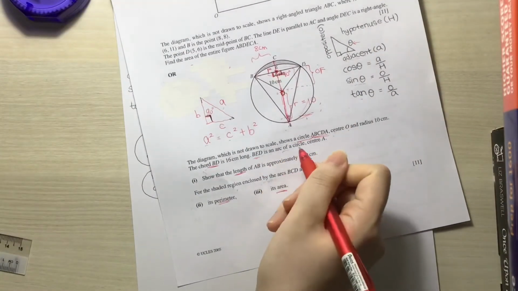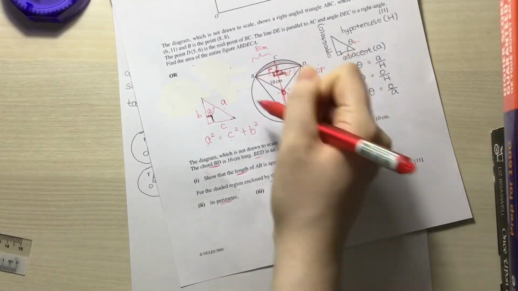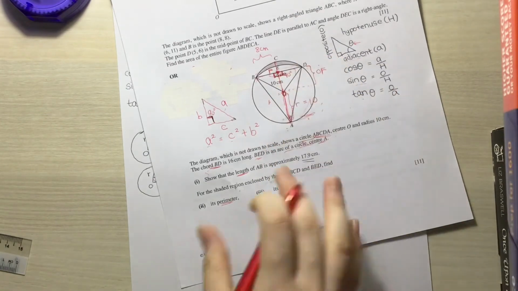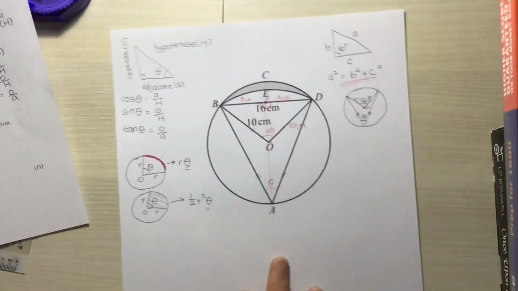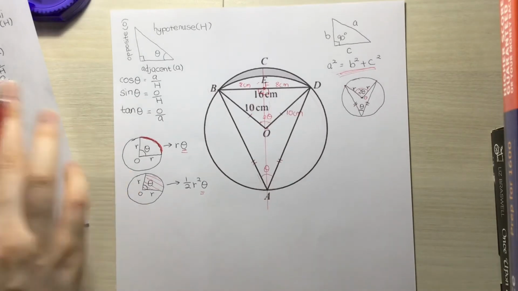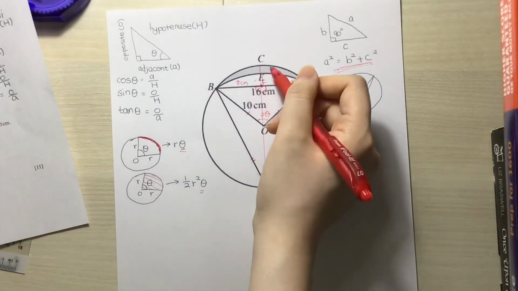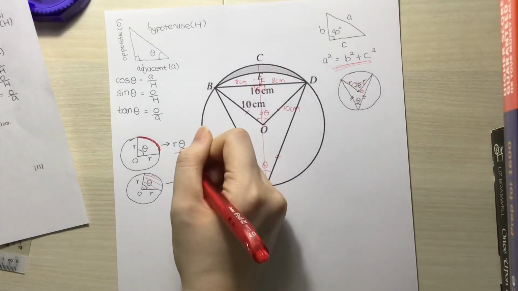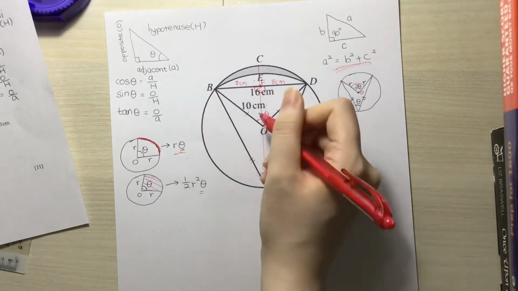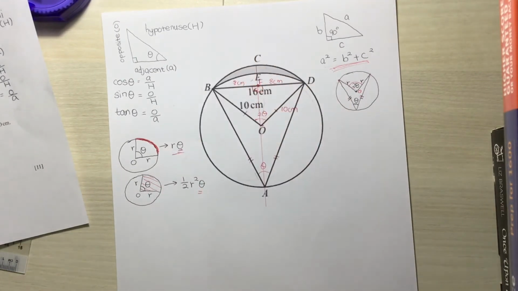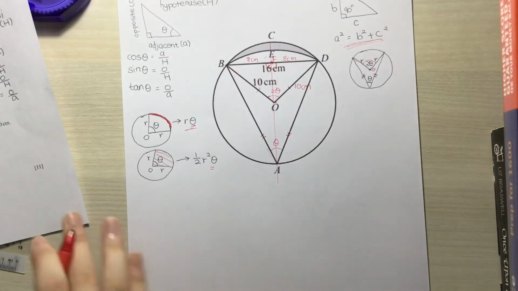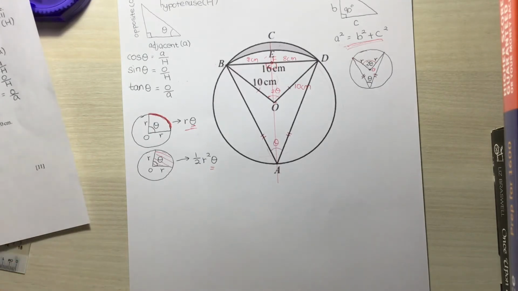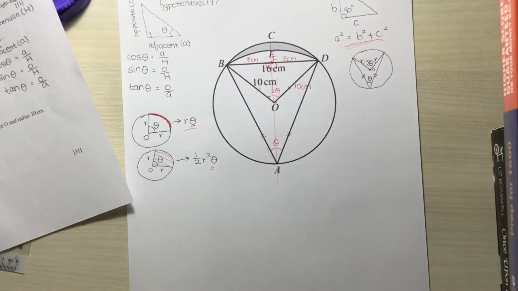As you can see here, BD is part of a circle centered at A, so BA is obviously the radius for another circle. All you have to do for the perimeter is to add these two lengths up, utilizing this formula. Before that, you just have to find the angle using the formula over here. It's an application. And then for the last part, for the area, you might want to be more careful.